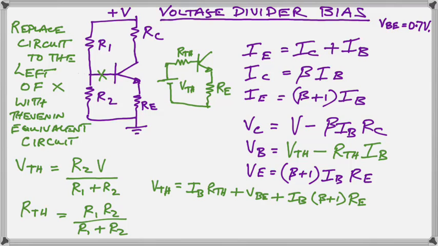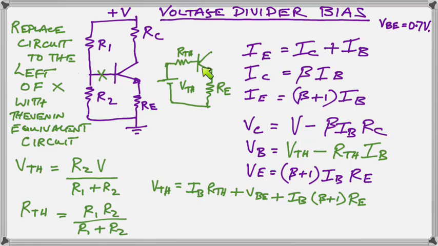And now we're in a good position to be able to find out what IB is. So we write another circuit equation here in terms of IB, as you can see. We're going right around this little loop. So starting over here, we have RTH times IB.